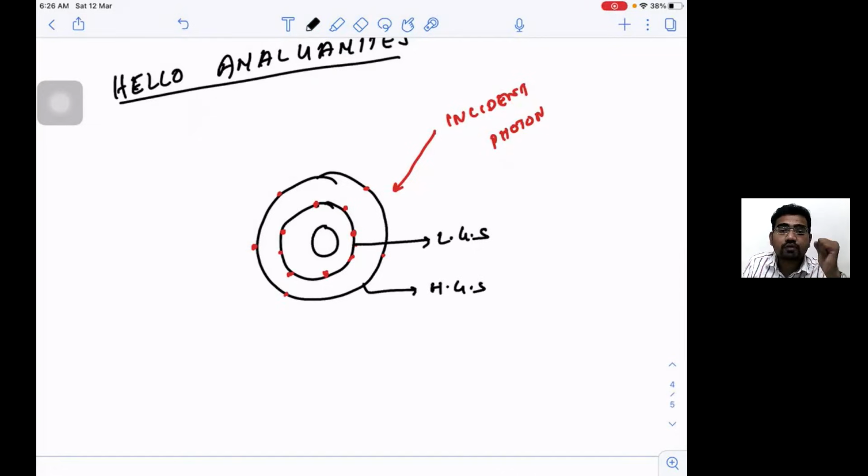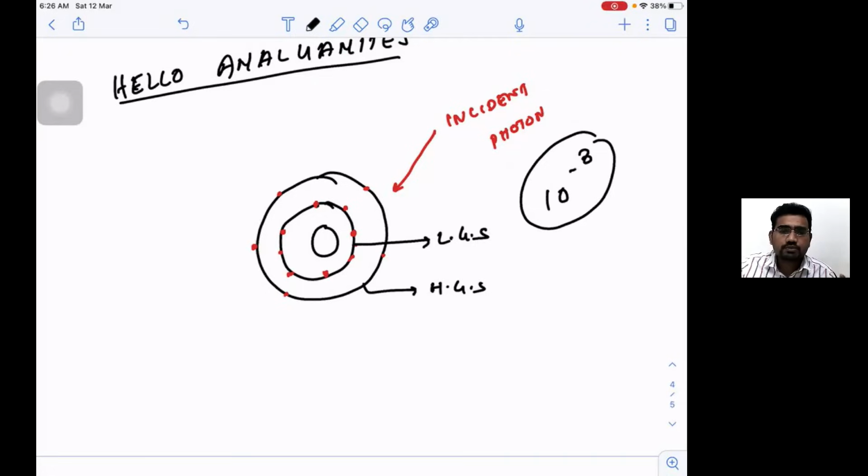And then at some point of time, say for example 10 to the power minus 8 seconds, it comes down. This type of emission is called spontaneous emission.